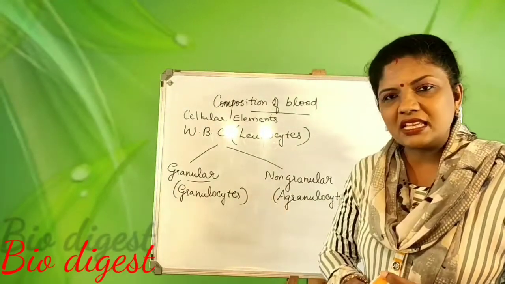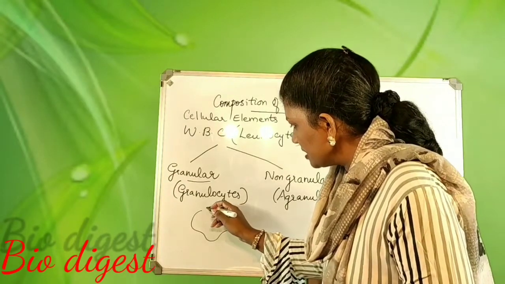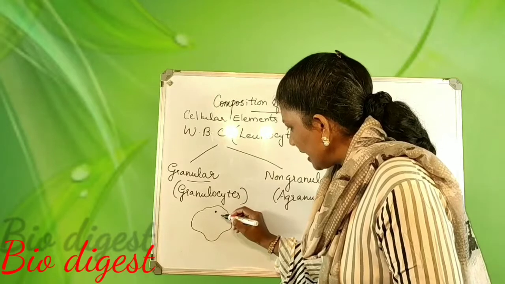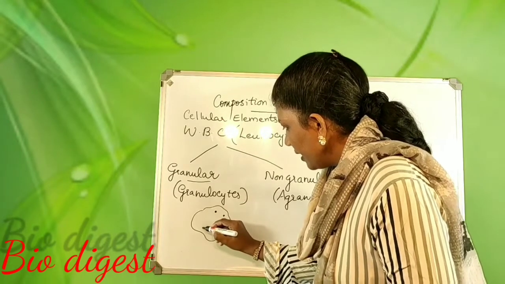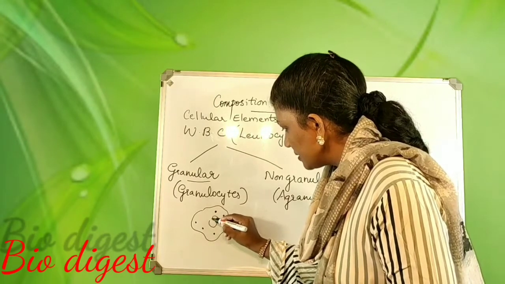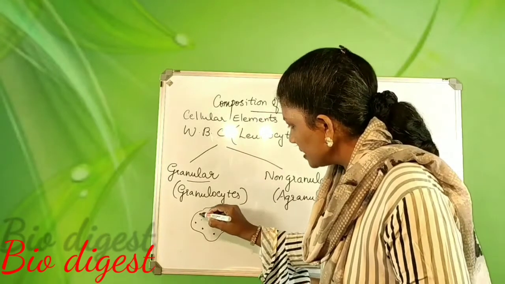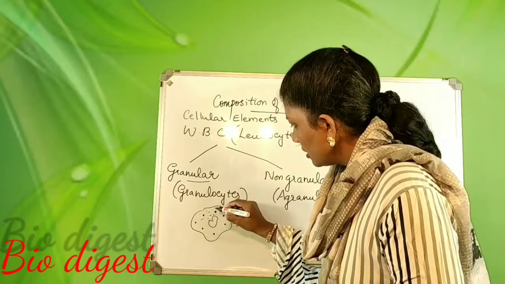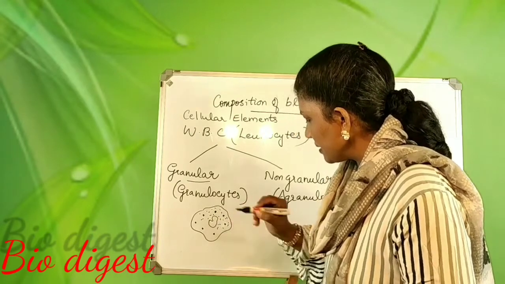Granular WBCs means usually the WBCs will be possessing granules in their cytoplasm. Okay, I am not showing the nucleus here. Nucleus is of course present. So these are the granules that are present along with the other structures in the cytoplasm.